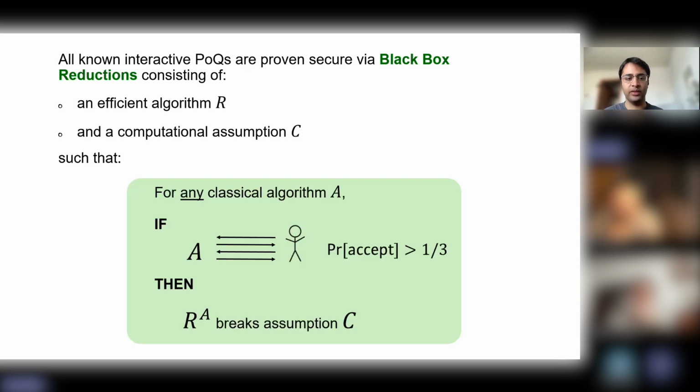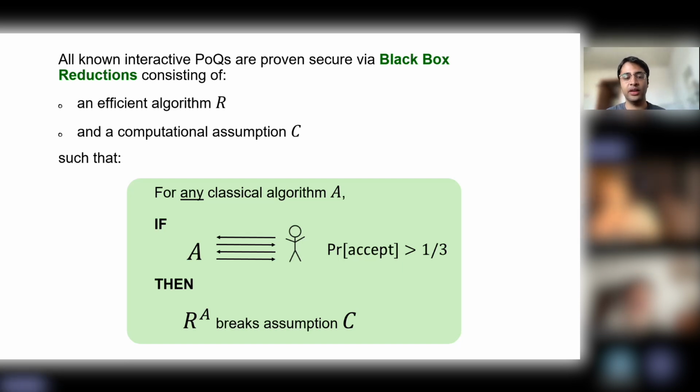And what you'll show is, here's my proof of quantumness. For any classical algorithm A, if the classical algorithm can convince the verifier to accept with better than 1/3 probability, then R, the reduction, can use A to break the underlying assumption C. So given any adversary which breaks my interactive proof, I can use this adversary to break one-way functions or something like that.